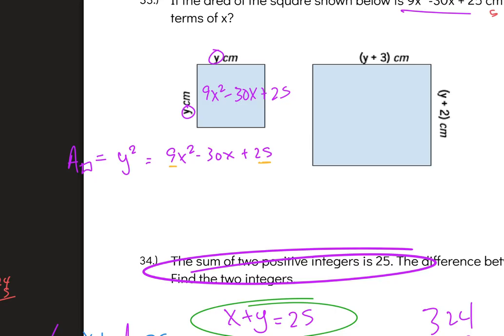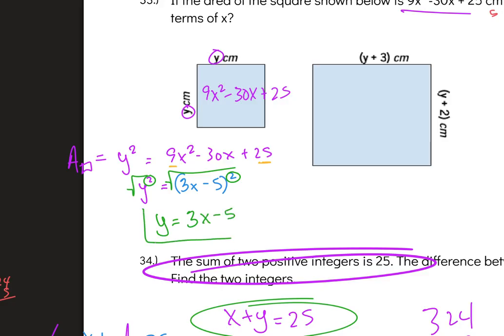So what we can do is quickly factor this to be 3x minus 5 squared, and that equals y squared. We can solve that y by taking the square root of both sides because that's squared and that's squared, and we get pretty simply that y equals 3x minus 5. So that's the first answer.